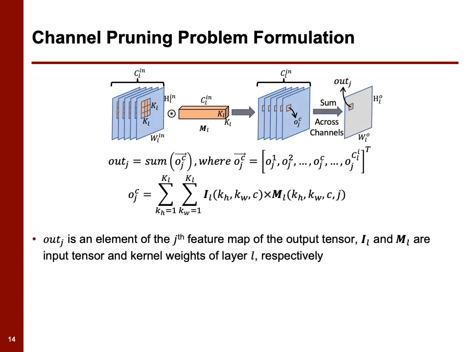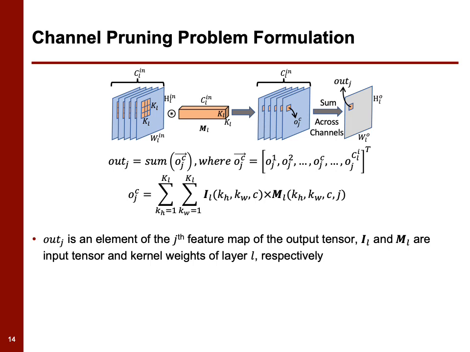Our technique considers the intermediate values generated during the convolution operation. This figure shows the process of generating the J-th output feature map. Each element of O_J of this feature map is generated by the sum of the O_JC elements of the intermediate output feature maps, where the index C ranges from 1 to the number of input feature maps.